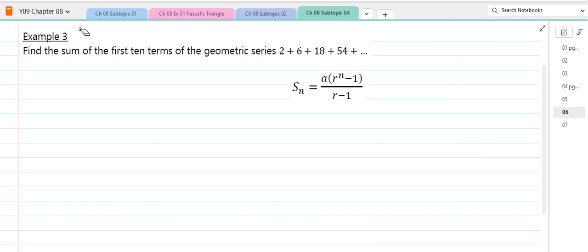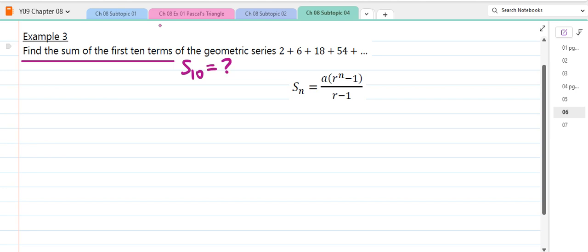Okay, the next one. Find the sum of the first 10 terms. This one requires you to find S10 of the geometric series 2 + 6 + 18 + 54. So these are all the terms. Here, 2 is your a, which is your first term.